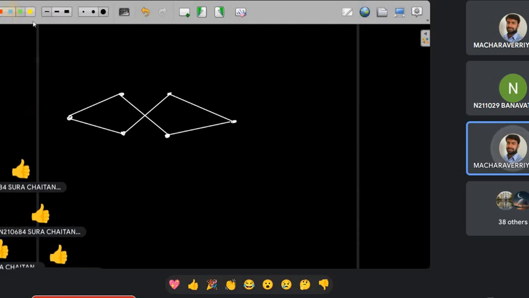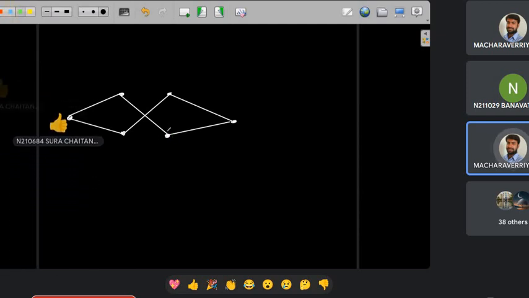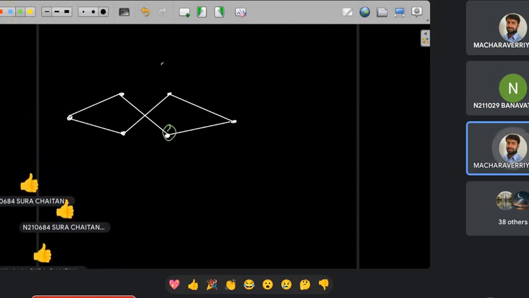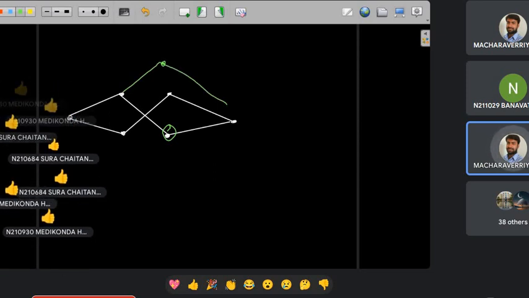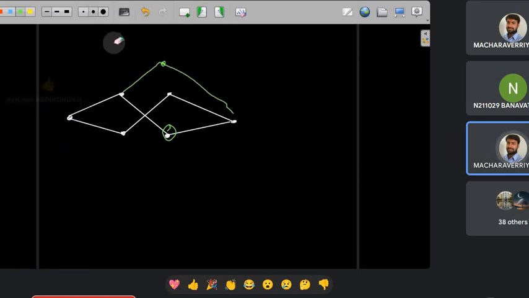You can simply do one thing, no? You just take this vertex here. Okay, then this line goes here and this line goes here. That's it. So this is a planar graph.